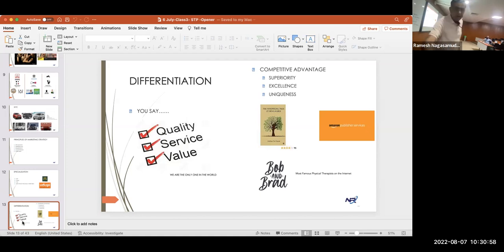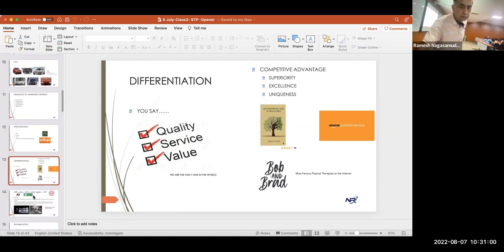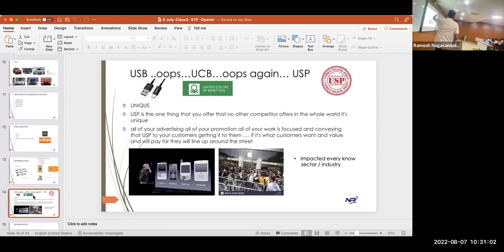So you could be differentiating, or you could have a unique selling proposition. I just make sure that you will never forget it. It's not USB, it's not UCB. You know what is UCB, right? It is USP. So what is that unique thing that you offer nobody else offers? All companies have to find that unique thing. And what did this guy offer, the most unique thing?